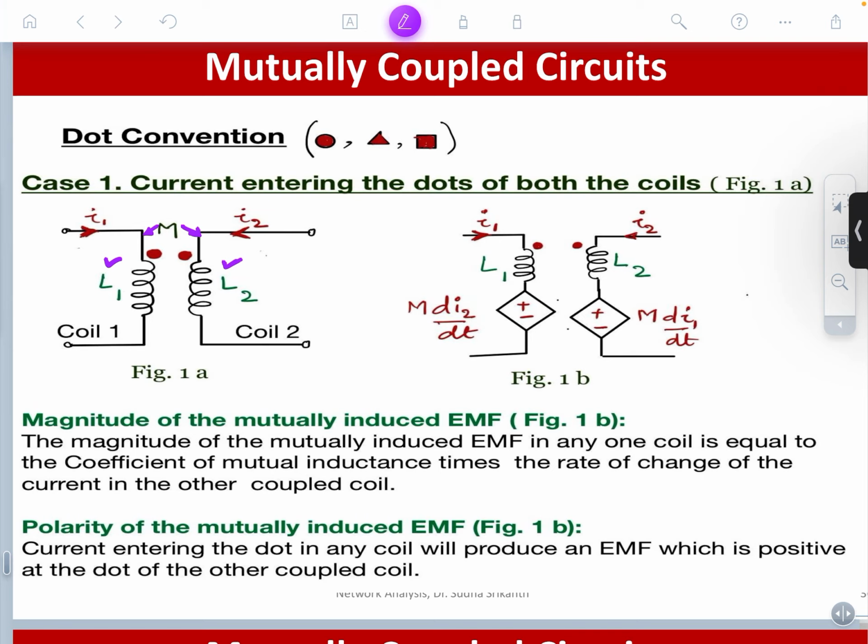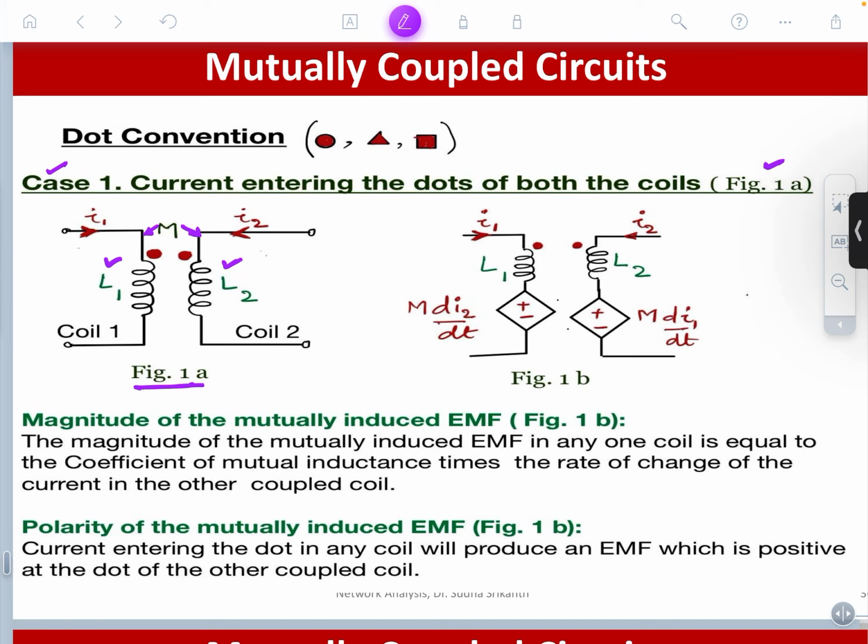So we have different cases. Case 1 deals with current entering the dots at both ends of the coil. We are talking about figure 1a. We don't exactly get to know whether the windings are in the clockwise or anti-clockwise direction, because the coil is kept inside the entire arrangement.